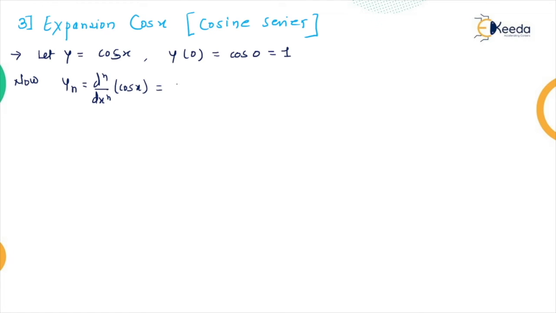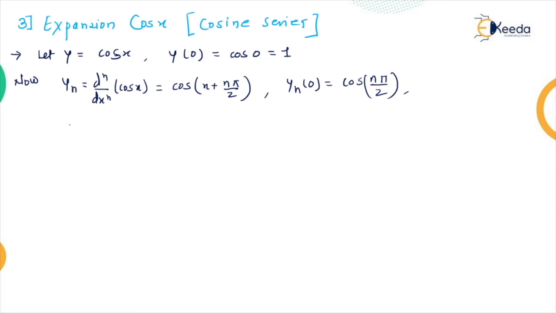It is simply cos of x plus n pi divided by 2. This is y_n. Now I am writing y_n of 0, it becomes cos of n pi divided by 2.